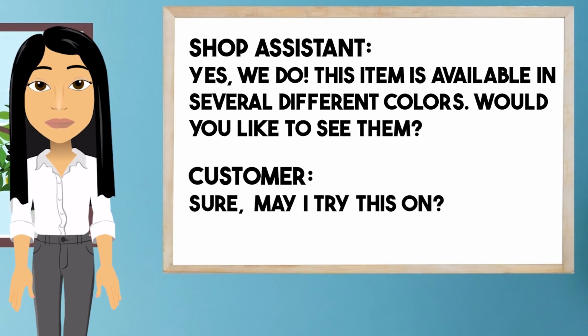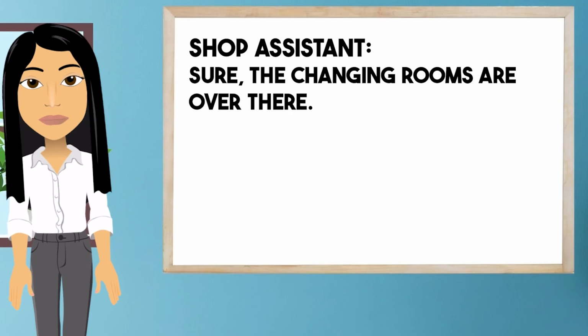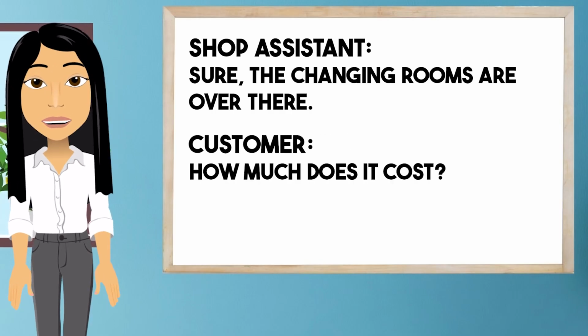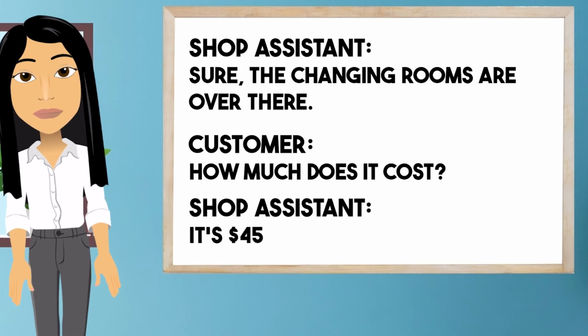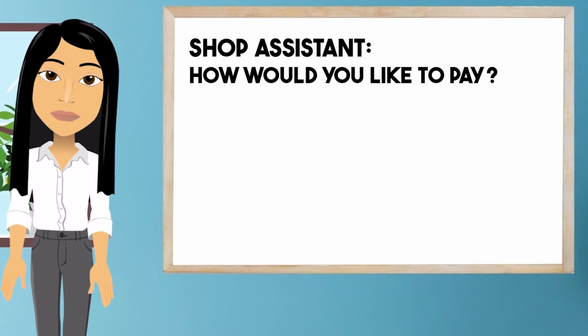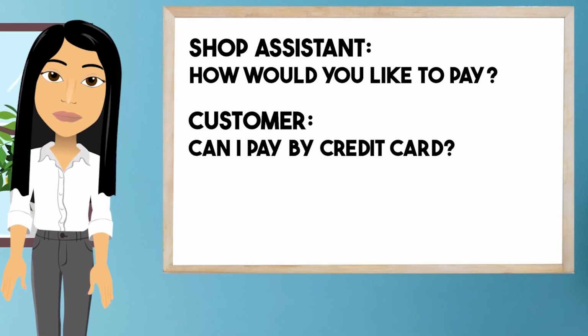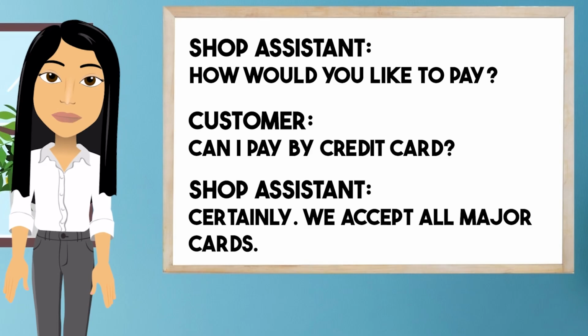Customer: Sure. May I try this on? Shop assistant: Sure. The changing rooms are over there. Customer: How much does it cost? Shop assistant: It's $45. How would you like to pay? Customer: Can I pay by credit card? Shop assistant: Certainly. We accept all major cards.